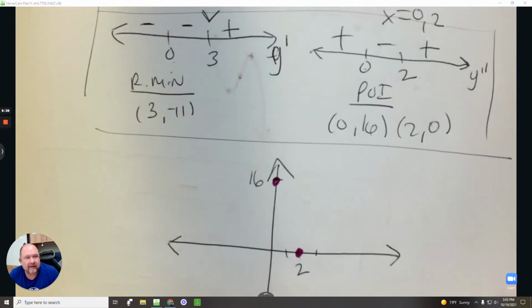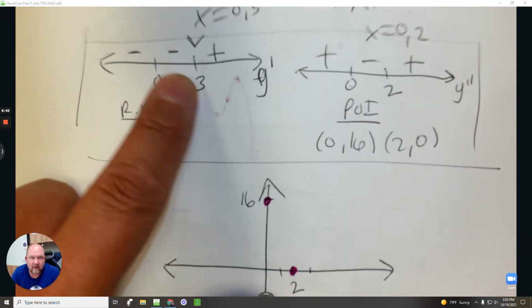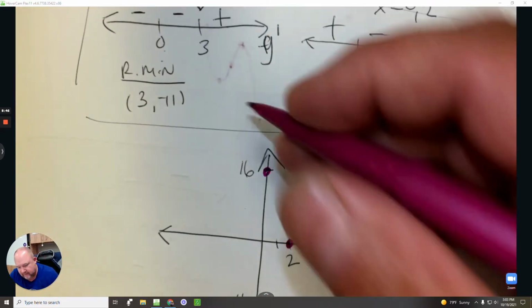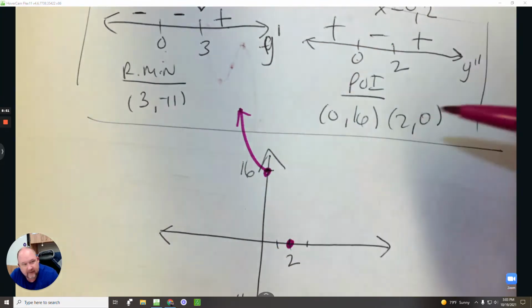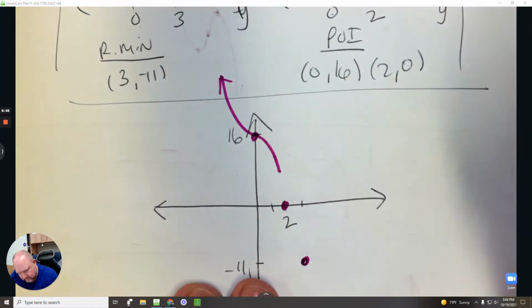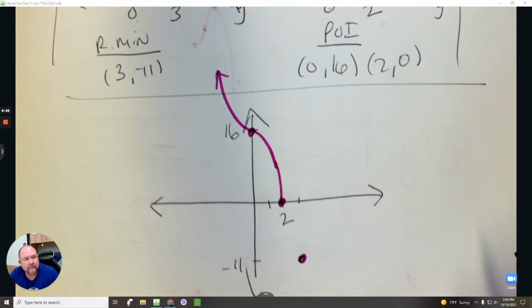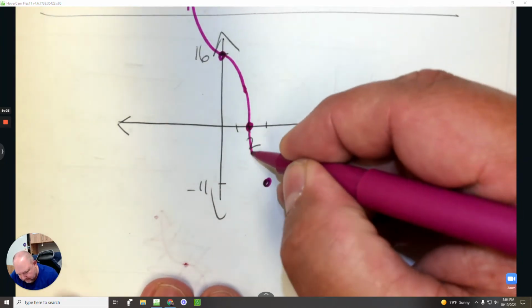And then what's the concavity? It decreases all the way to 3. But the concavity: first, it's concave up, and then it's concave down. And then again it's concave up, and this is a minimum.